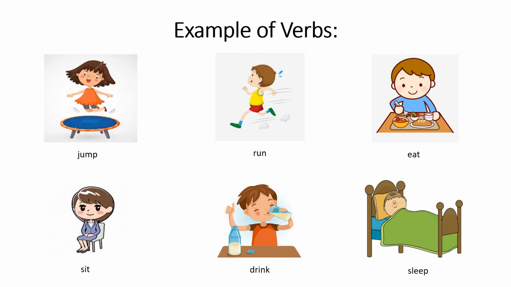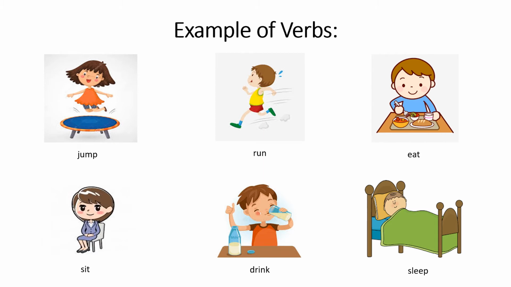Fourth picture shows us a girl sitting on a chair. The verb here is sit. Then the next picture, can you see the boy? He's drinking the milk. He loves to drink milk, I think. See? So the verb here is drink.